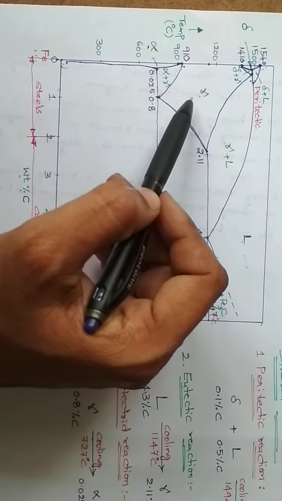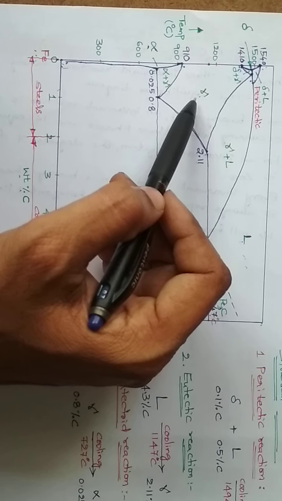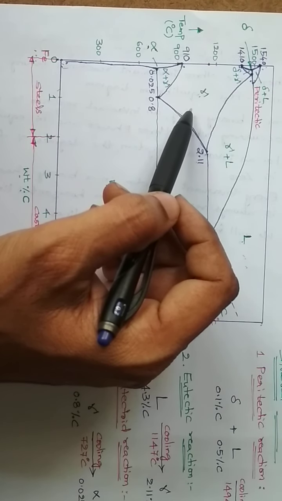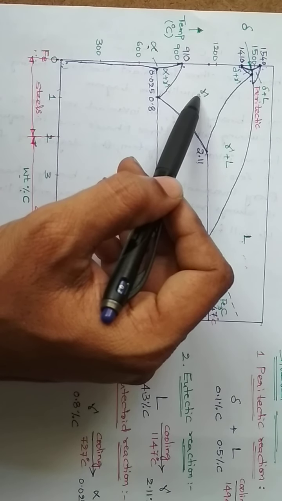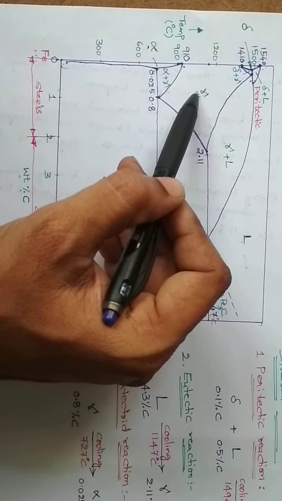It was named austenite in the name of a famous metallurgist, Robert Austin. He was the first person to study the iron carbon phase diagram, and to honor him, this phase was named after Robert Austin. So gamma iron is called austenite, and its crystal structure is FCC.